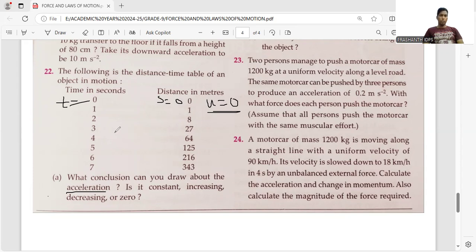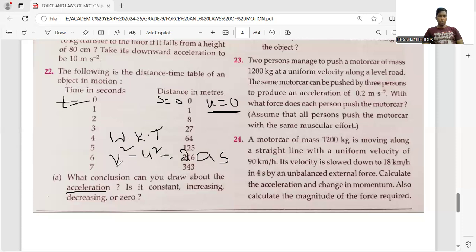And we know the formula, right? We know that v square minus u square is equal to 2 into a into s. This is another formula we have.